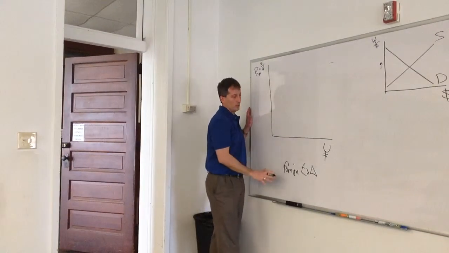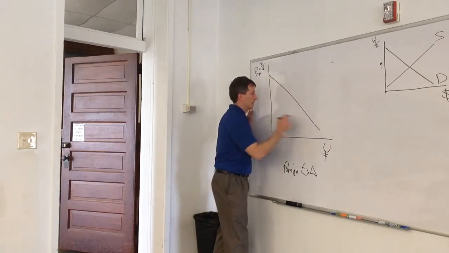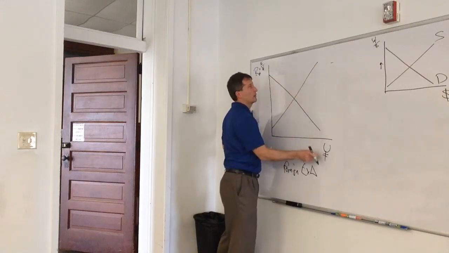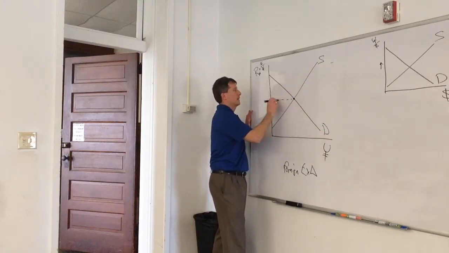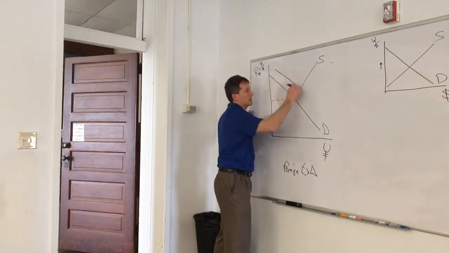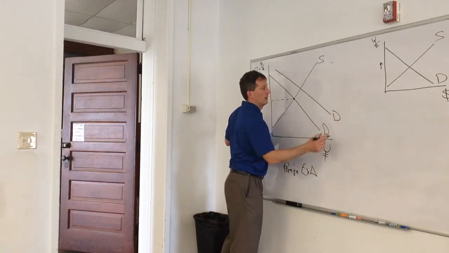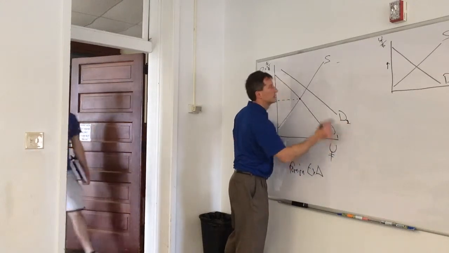So the way we've worked this chapter has been looking at the foreign currency on the horizontal axis, which means when the exchange rate goes up, let me just do an increase in demand here to D2.